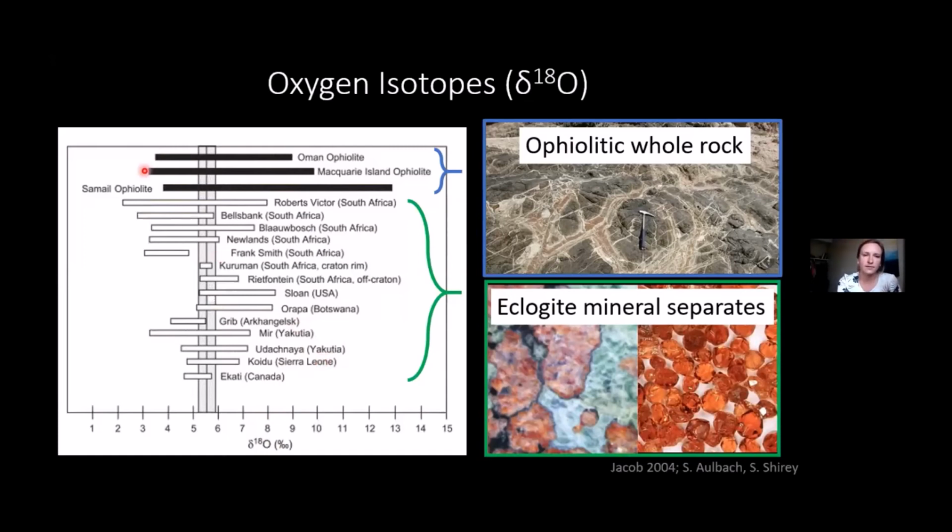And the slightly larger variation that you see in ophiolites is likely due simply to the different analyses that we do on these samples, where ophiolites are generally analyzed via whole rock analysis, where you can include some carbonate material into these sources, as compared to the analyses that are done in eclogitic xenolith mineral separates, where you're doing these analyses in situ.